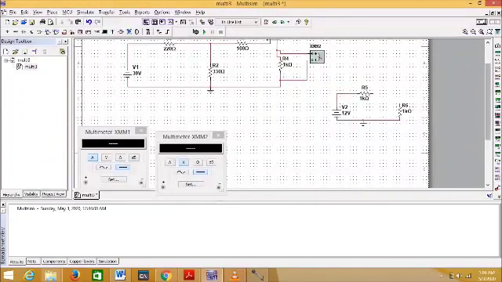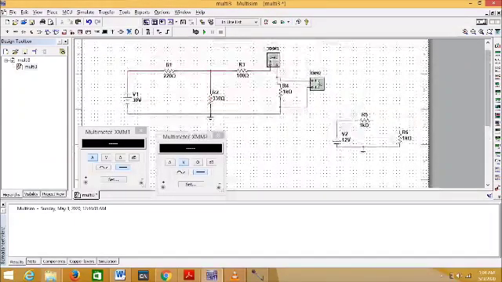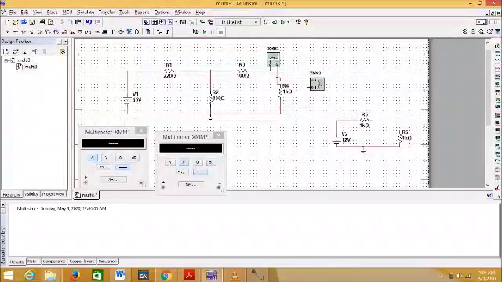So connect a voltmeter and ammeter. Okay, we'll be specifying this multimeter to be ammeter.